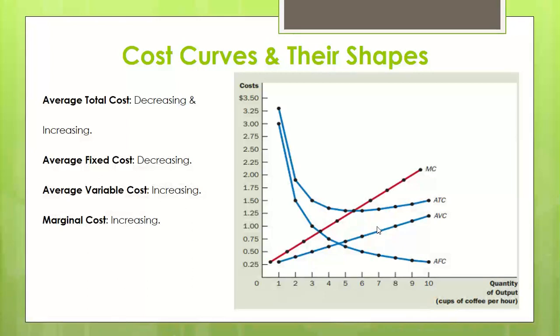So as average variable cost is increasing, at this point average total cost also starts increasing, and it is obvious that from this point average total cost is going to increase now, and that is the reason why average total cost is U-shaped. And if you look there, the shape of the average total cost curve is U-shaped.